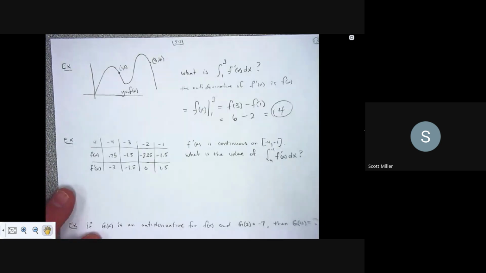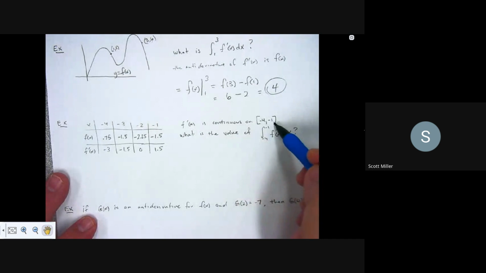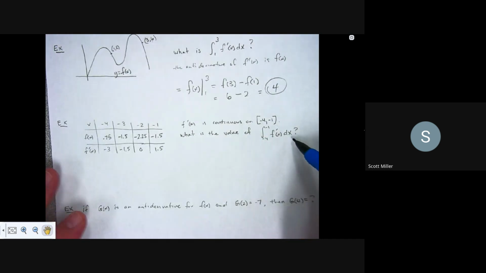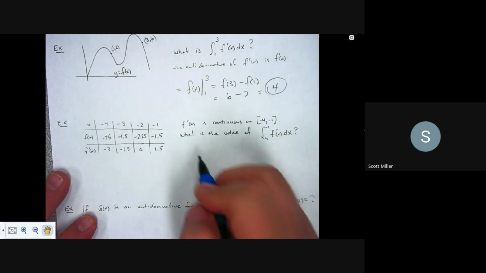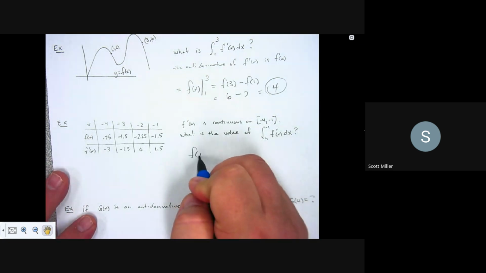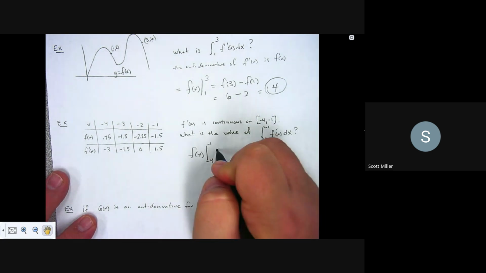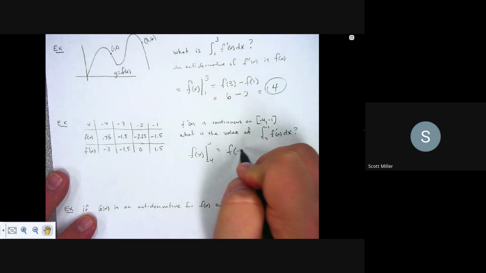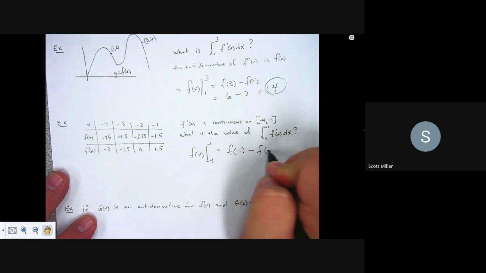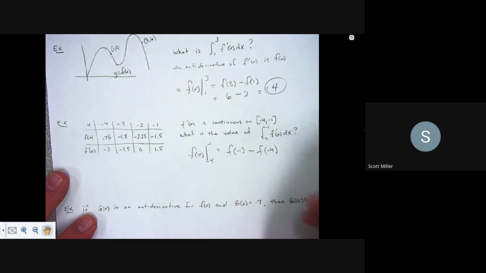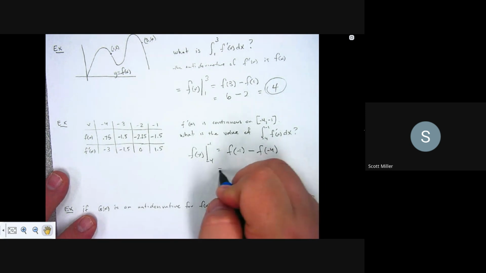In a table format, f prime is continuous on a closed interval. What is the value of this? So once again, the antiderivative of f prime is f. So this is going to be f of x evaluated from -4 to -1, or f of -1 minus f of -4. And then we can use our table to find those values.